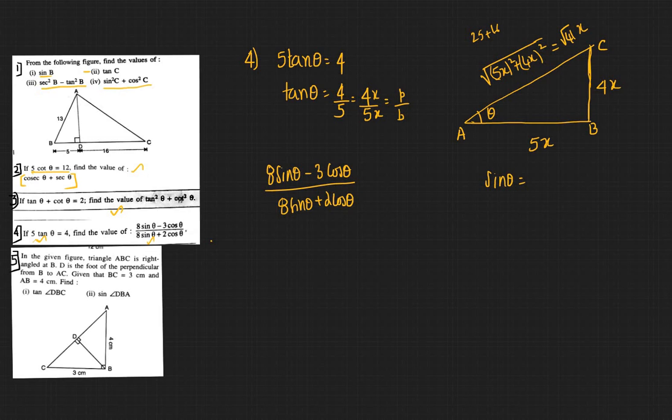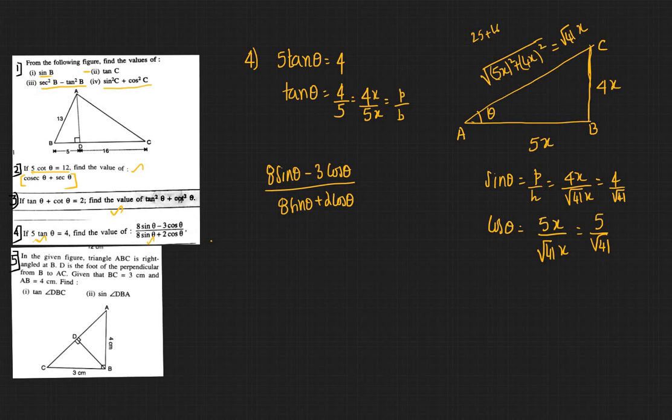So perpendicular by hypotenuse, 4x by square root of 41x, that is 4 by square root of 41, and cos theta would be base by hypotenuse. So 5x divided by square root of 41x, that is x gets cancelled, 5 by square root of 41.